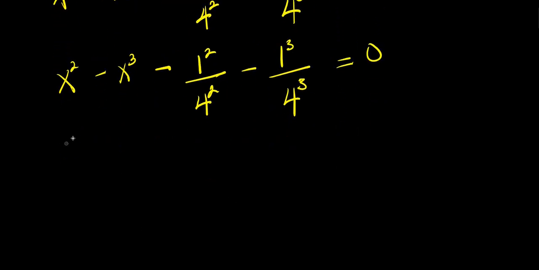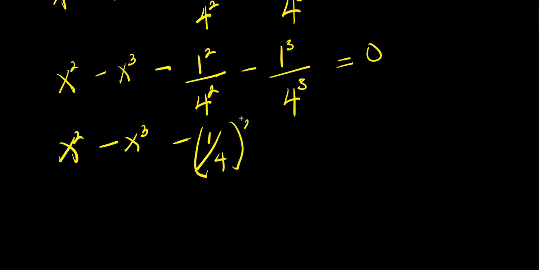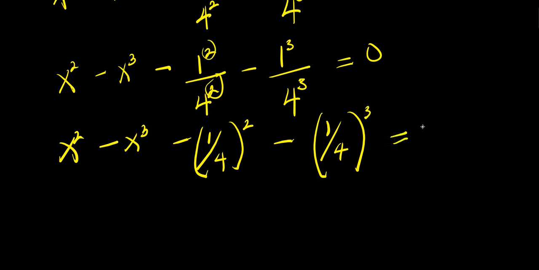And from here, we can have x power 2 minus x power 3, this is minus 1 over 4 to the power of 2, taking the common exponent, this is minus 1 over 4 to the power of 3, and this equals 0.